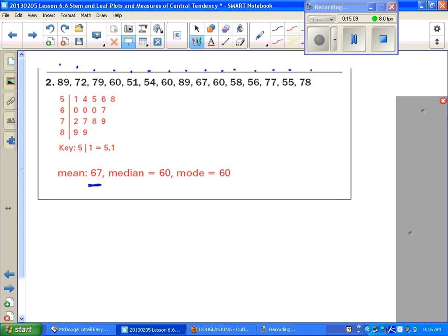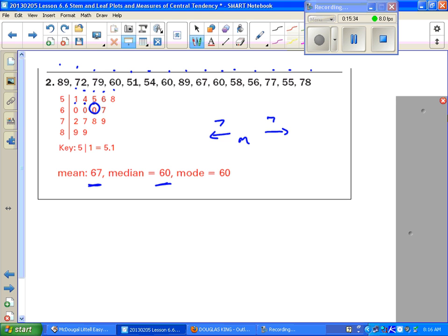Median, when they're all in order, count to 8 because there are 15 numbers. 1, 2, 3, 4, 5, 6, 7, 8. That number there, 60, is your median because there's 7 numbers on the left side of it, then your median, and then there's 7 numbers on the right side of it. 60 is the middle number when they're in order.